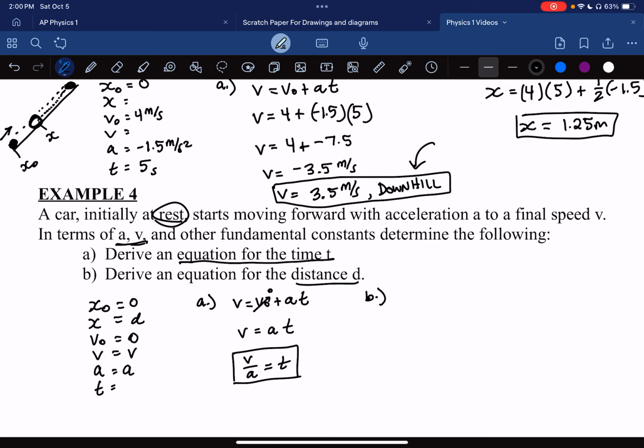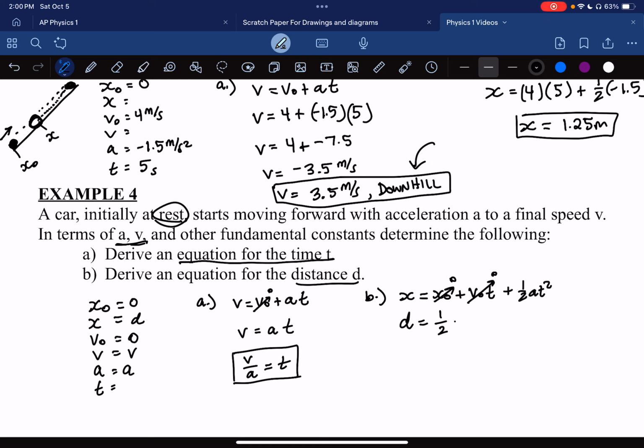And then finally, derive an equation for the distance d. We will often use this equation for whenever we're solving for x. Okay, so write out the full equation. X is d, so we are substituting. Okay, x naught was 0, v naught is 0, and by the way, 0 times t is also 0, and I'm just going to cross it out because 0 plus, we don't need to put all that.